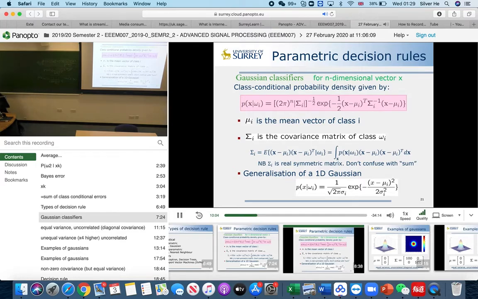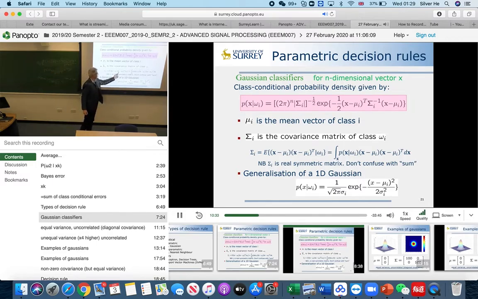We'll expand some of these things in a moment to look at where equal probability density curves and so on come from. But this sigma is the covariance matrix of a particular class. So it's the expected value of x minus mu i times x minus mu i transpose. And it's a real symmetric matrix.